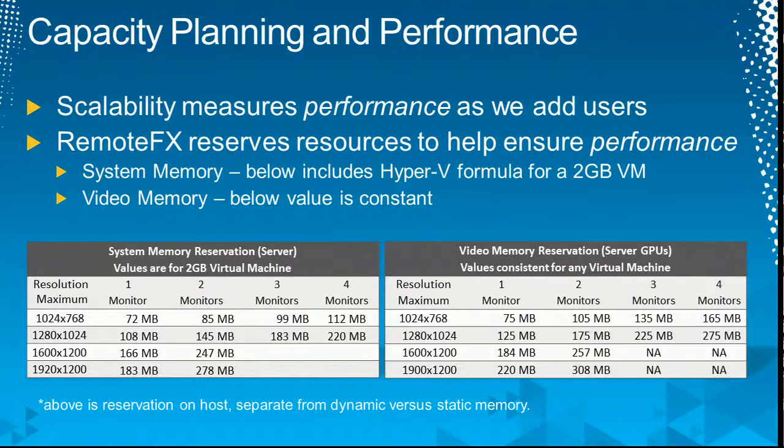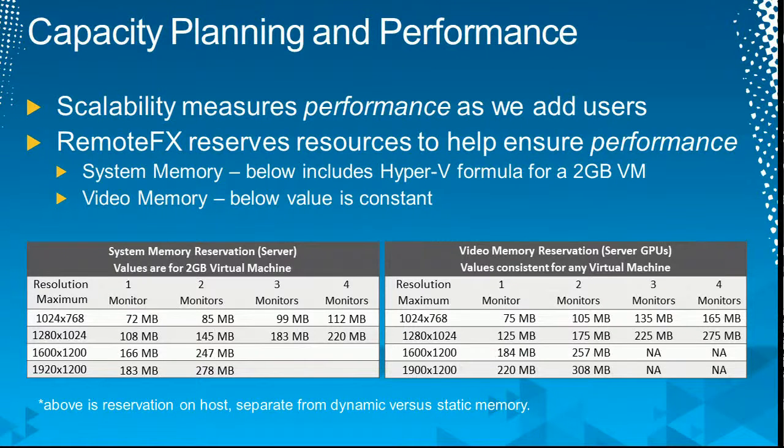And the resource reservation falls into 2 kinds. One is system memory reservation, which follows the Hyper-V standard, and one is the video memory reservation, which is introduced in RemoteFX. So the lower left-hand table is saying, here's a system memory configuration. Hyper-V already does an allocation, which is 32 megabytes plus an additional 8 megabytes or so for every gigabyte that you give system memory to the virtual machine.